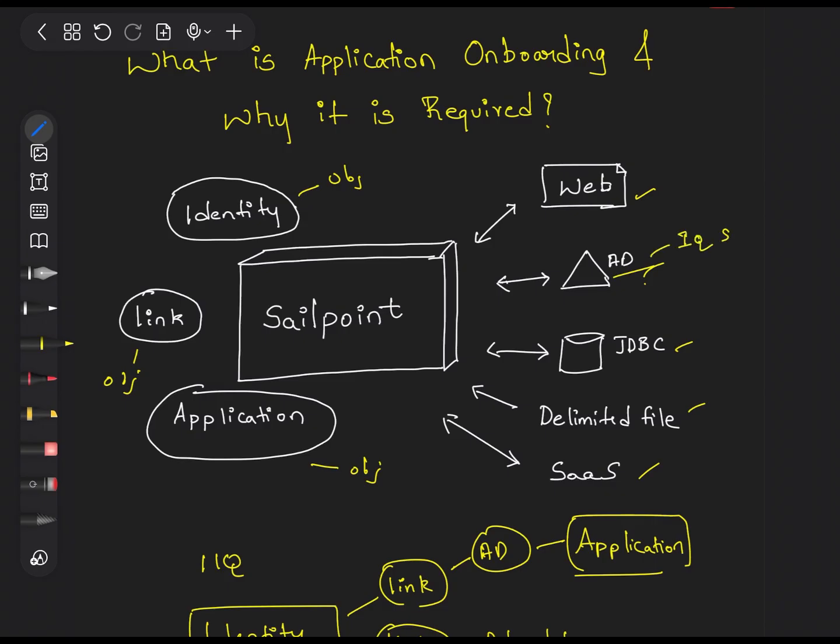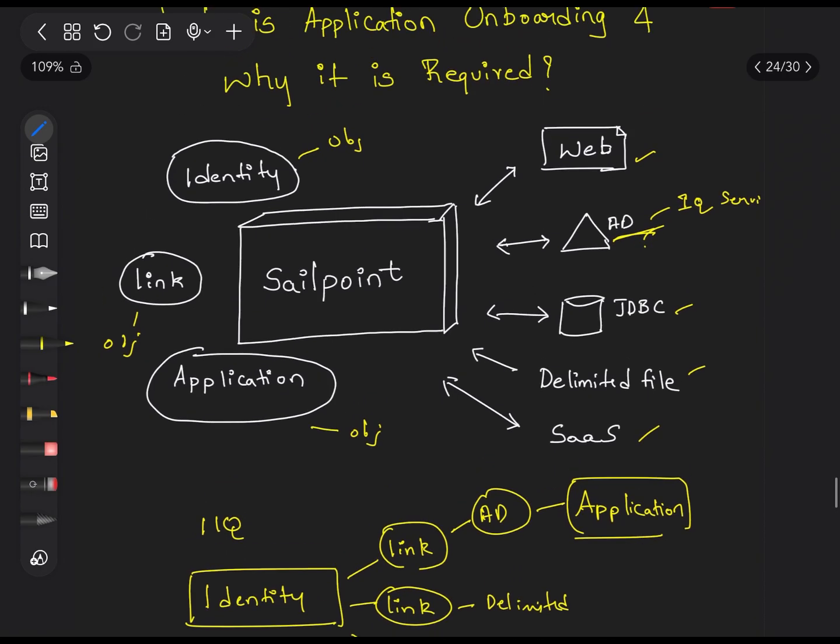Active Directory requires IQService for provisioning, and mainframe applications require connector gateways. Windows applications require IQService, and mainframe systems like RACF and ACF2 require connector gateway tools.